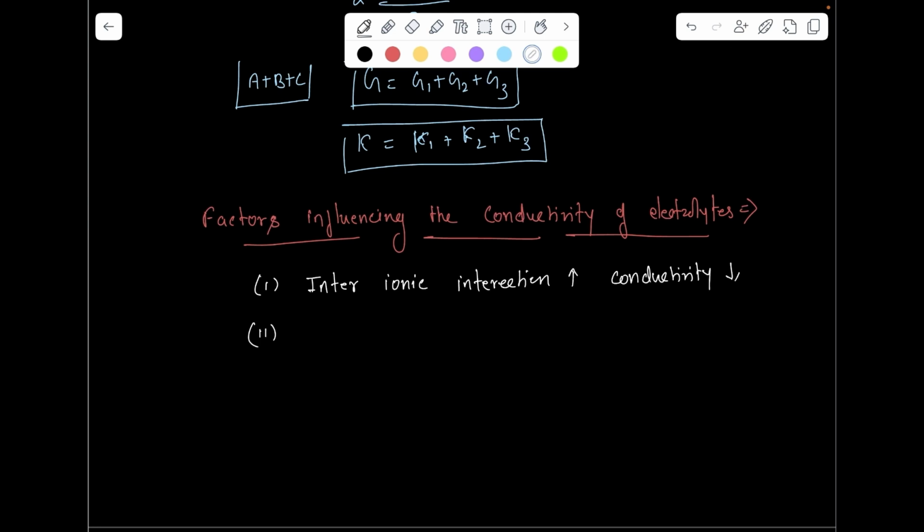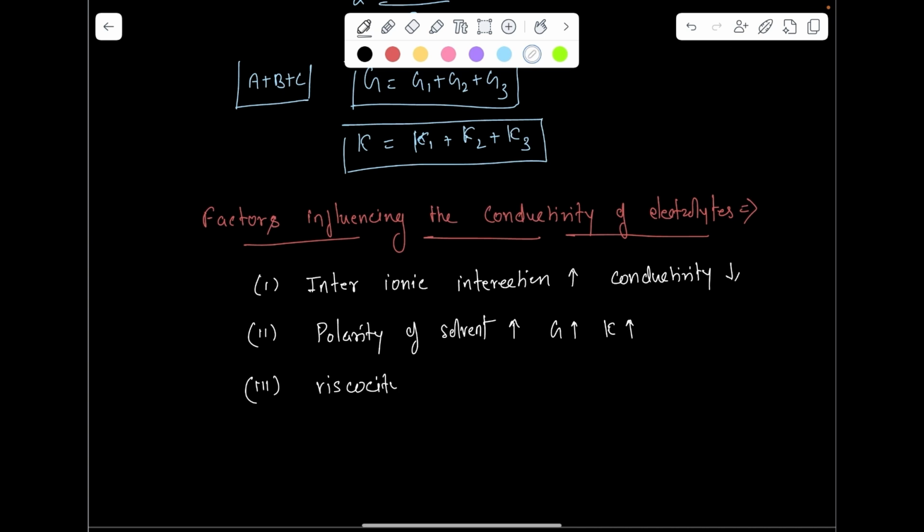Second, polarity of the solvent. If the solvent is highly polar, then ionization takes place and the conduction will be more. So the higher the polarity, the higher the conduction, or maybe kappa is also higher. Third, viscosity is a resistance to flow. So if the viscosity is higher, conduction will be lower.